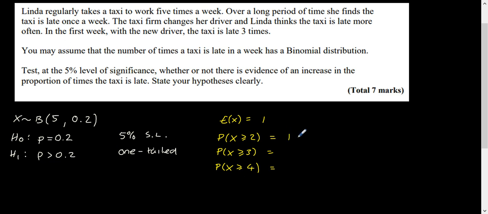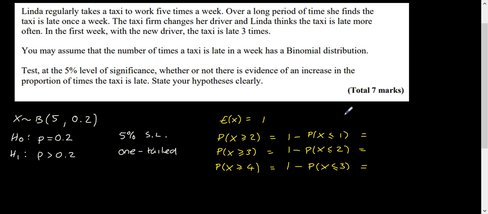Now, if you're using the ClassWiz calculator, to do a greater than or equal to probability, you need to subtract from 1. So greater than or equal to 2 is 1 minus less than or equal to 1. Greater than or equal to 3 is 1 minus less than or equal to 2. And greater than or equal to 4 is 1 minus less than or equal to 3. Remember, we would be using a number line to help us identify those.